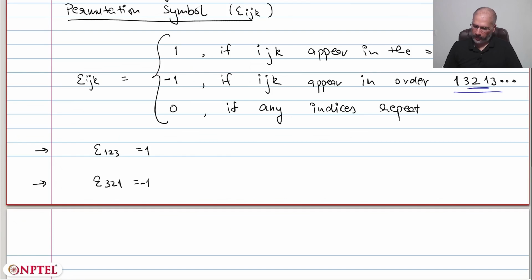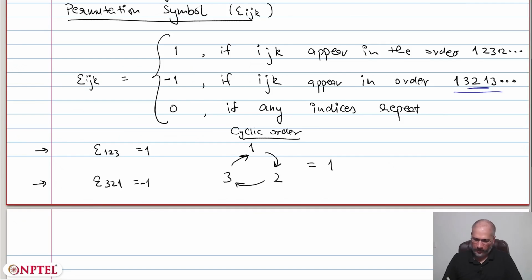In fact, what we can do is we can draw the indices like this. If I say 1, 2 and 3. So this is called the cyclic order. So in this case, the value is going to be 1. So you can check if the order is 1, 2, 3.